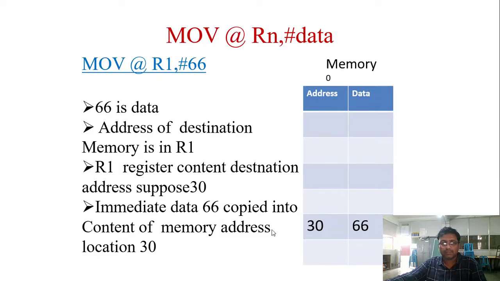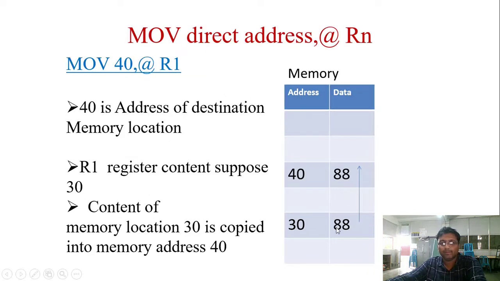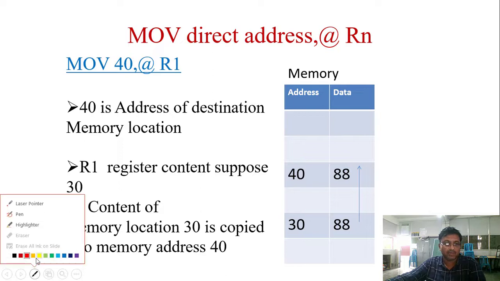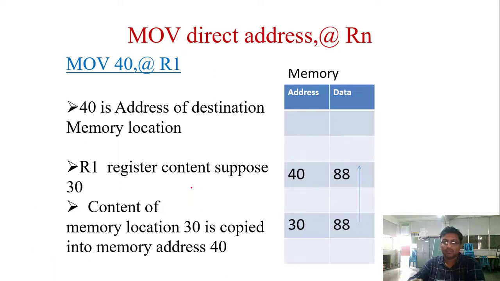The value present at this 30 will be copied to this particular memory location. My value present at the 30th memory location is 88, so this 88 will be copied to memory location 40.